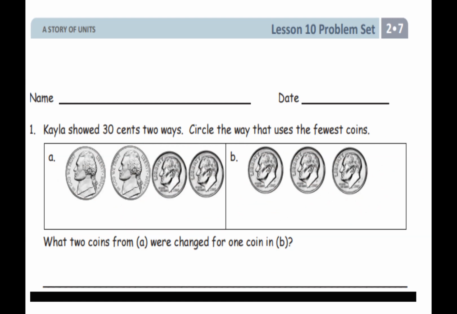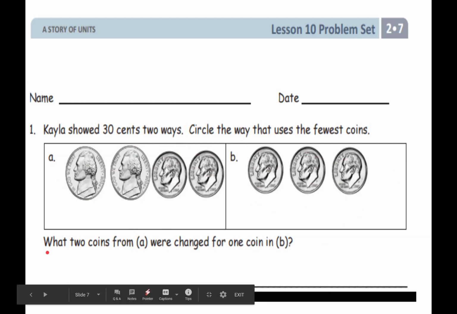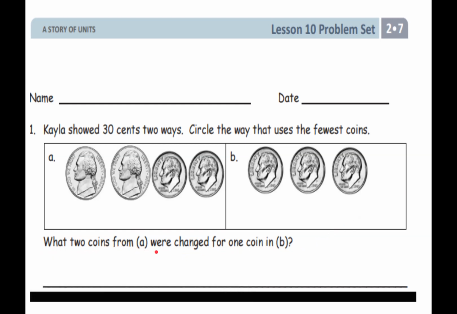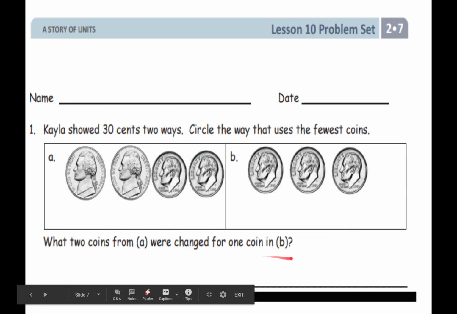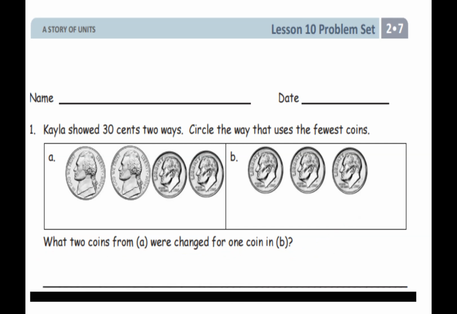Now, let's look down here. There's another part to our question. What 2 coins from group A were changed for 1 coin in B? So look at group A and think, what kind of coins are in group A? I see 2 nickels and 2 dimes. And then in group B, I see 3 dimes.